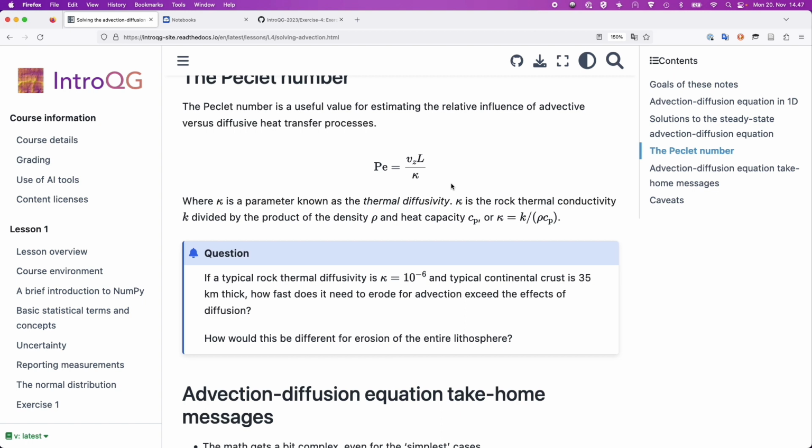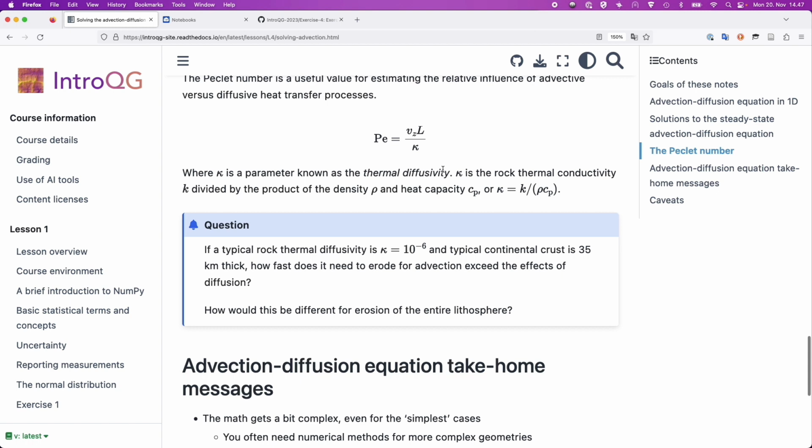I don't remember whether the Peclet number comes back in, it might come back in exercise 6 or 7. I have a vague feeling that maybe it does come back, but I'm not 100% sure. But it's here if you're interested, and this is quite a common thing for people who do heat transfer calculations to calculate what the Peclet number is for the problem they're solving. And yeah, it's one of these useful non-dimensional numbers.